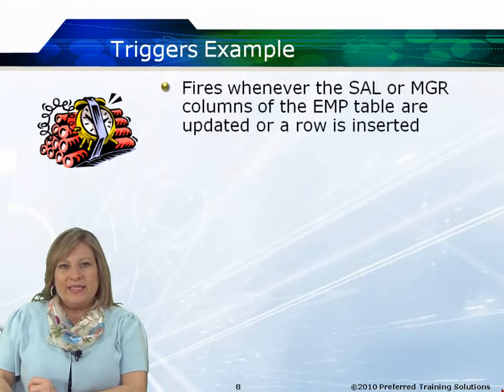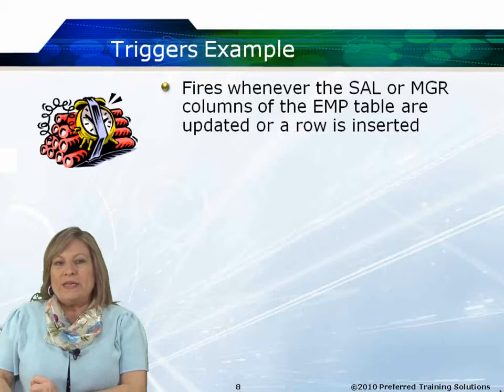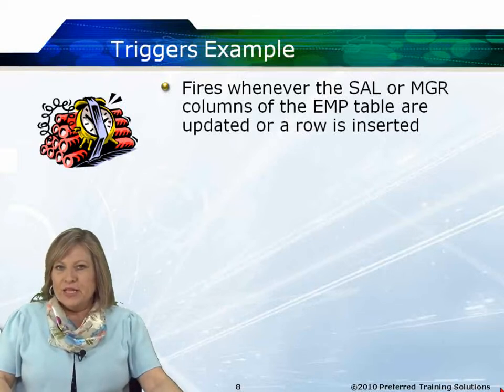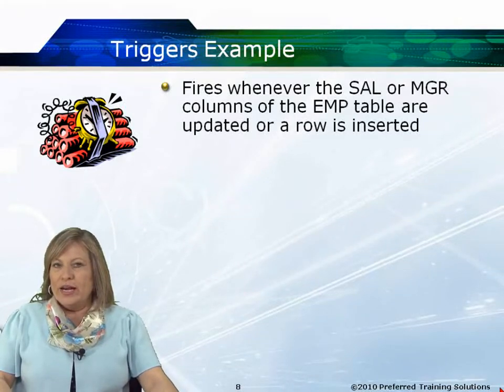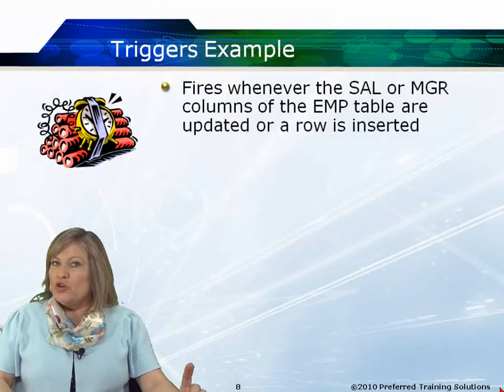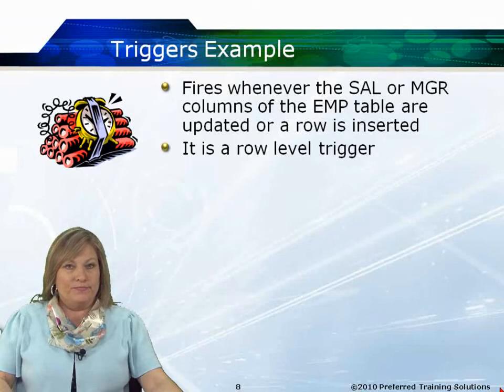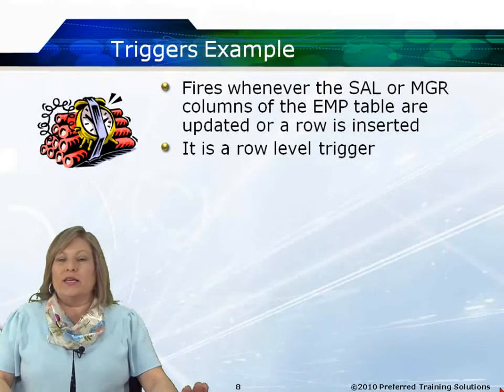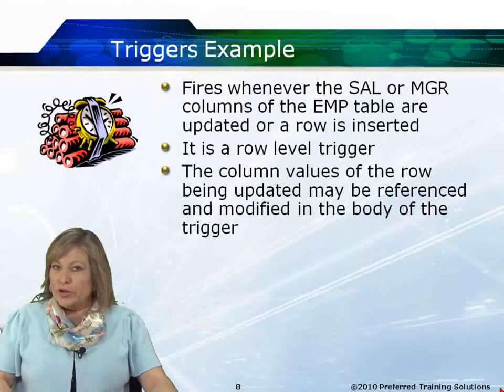Now let's take a look at an example. We're going to be seeing an example of a trigger that's going to fire whenever the Sal column or the manager column in the employee table are updated. You're also going to fire it whenever you insert a row. It's going to need to be a row level trigger.